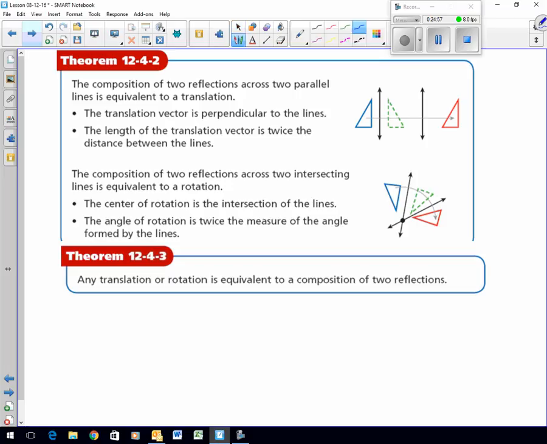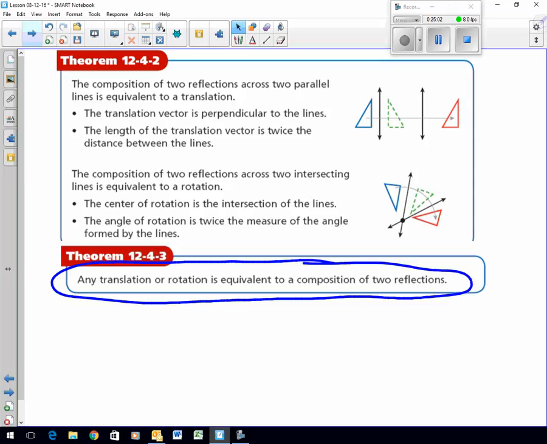So when I say on a fill in the blank question on some sort of classwork, any translation or rotation is equivalent to a composition of blank reflections. You would just write down two, not capitalized, not with an S on it. All right.